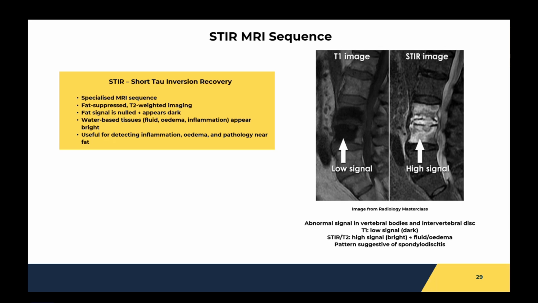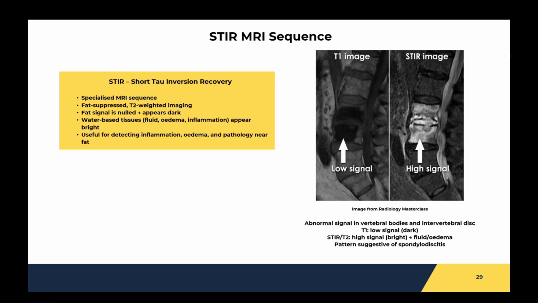If you can see in this image, on the left side is a T1 weighted image, and on the right side is a STIR image of the same area. On the T1 weighted image, you can see these areas of dark signal on the vertebral body, and dark on the T1 image suggests fluid.